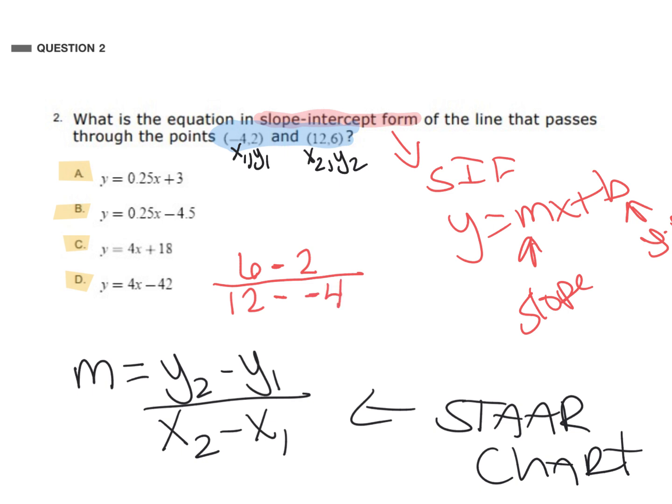Now this is where I'm going to use my parentheses because I want to capture that negative. And I am going to plug all of this in, every last bit of it, into Desmos exactly as I typed it. So I know that 6 minus 2 is 4. And 12 minus negative 4, Desmos is telling me that that is positive 16.